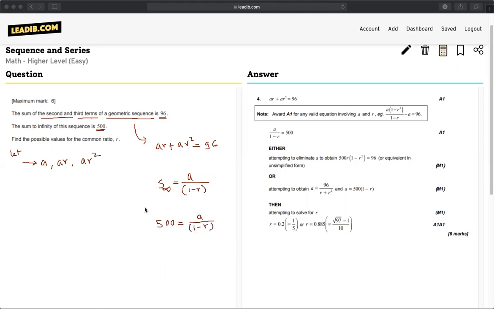So you can clearly see we have got one equation here and one more equation here. To find the value of R, we don't really need A. They are only asking us to find the common ratio R, right?